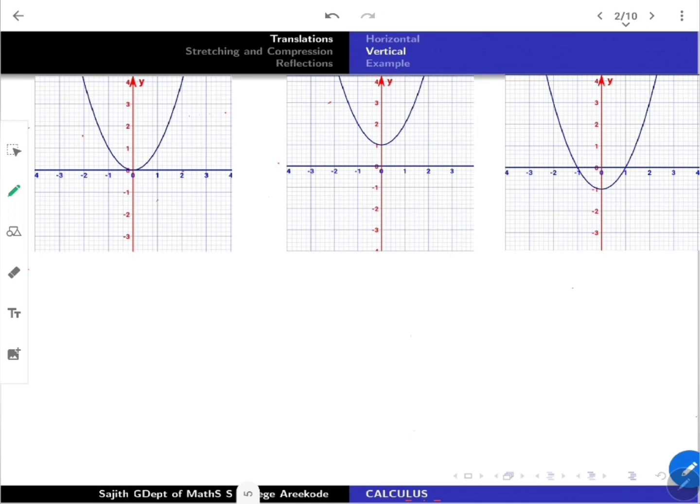Let us begin with our familiar example, y equals x squared. That is, our function f of x is given by f of x equals x squared. We know the graph is the parabola.